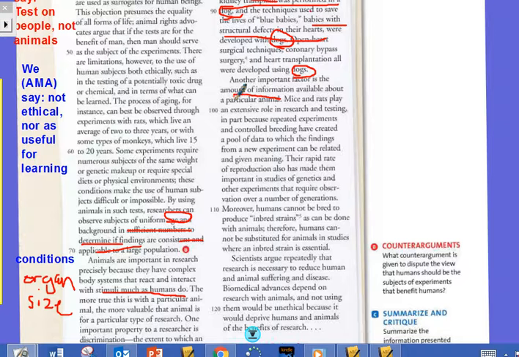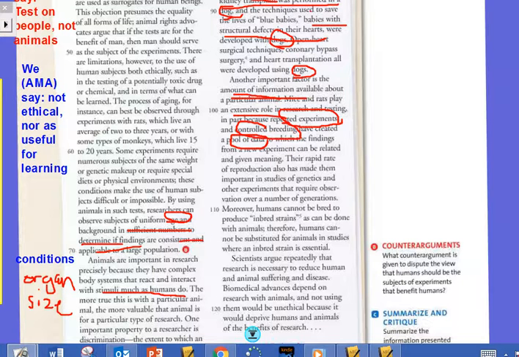Mice and rats play an extensive role in research and testing, in part because repeated experiments and controlled breeding have created a pool of data, lots of information, of which the findings from a new experiment can be related and given meaning.